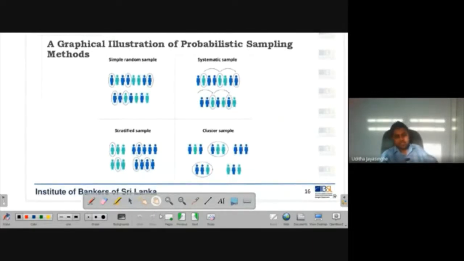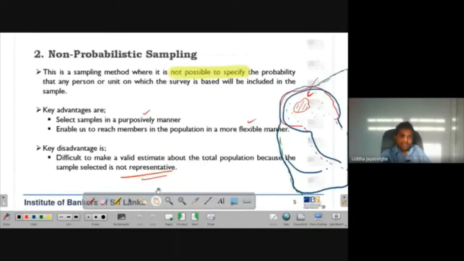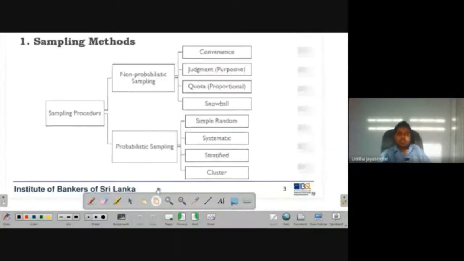Okay, it's a good recap and a good graphical illustration of the probabilistic sampling methodology. Simple random, systematic, stratified, and cluster. Quickly recapping, what are the 4 items that we learned so far? Convenience, based on your ease of access.